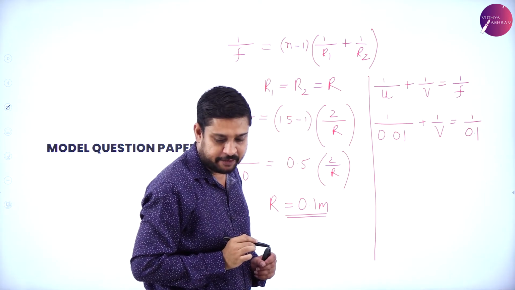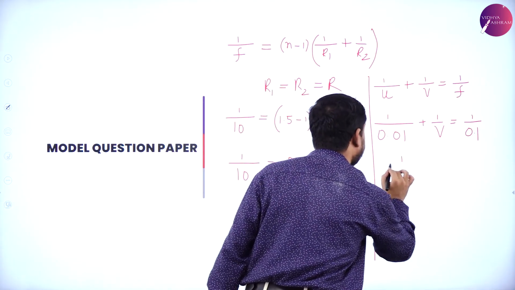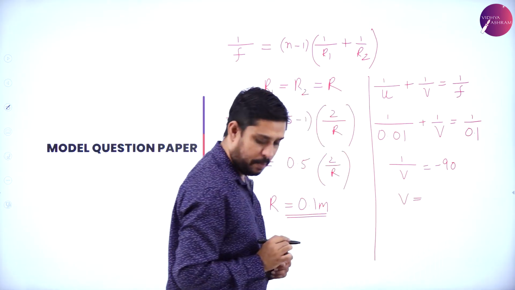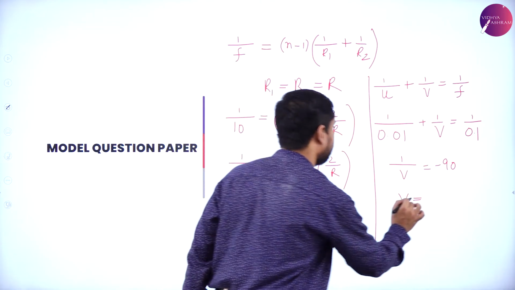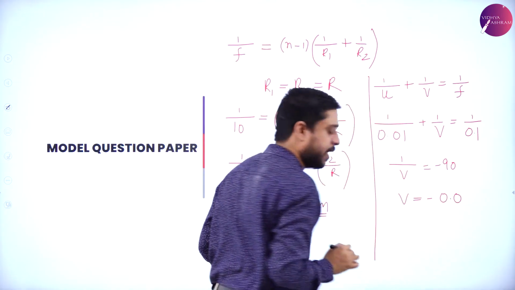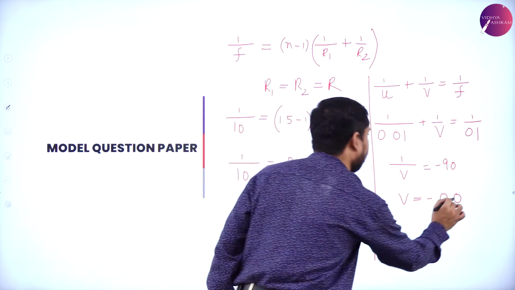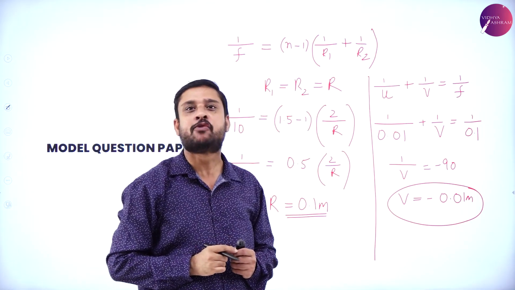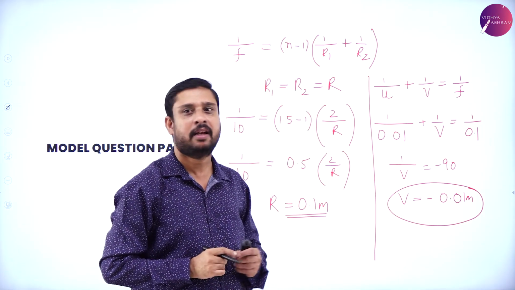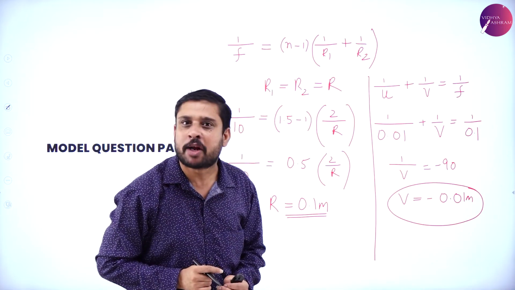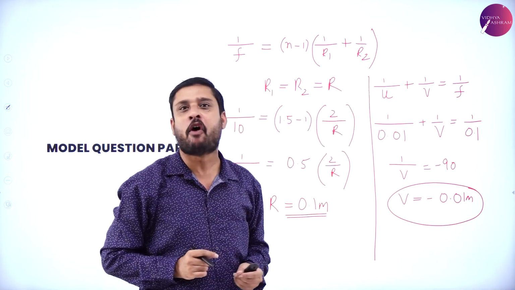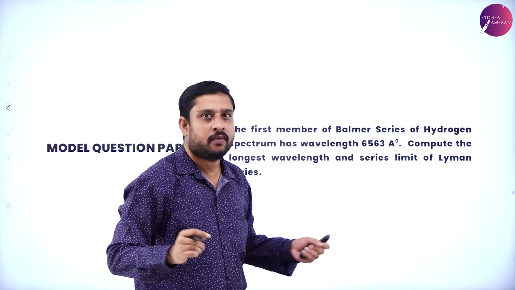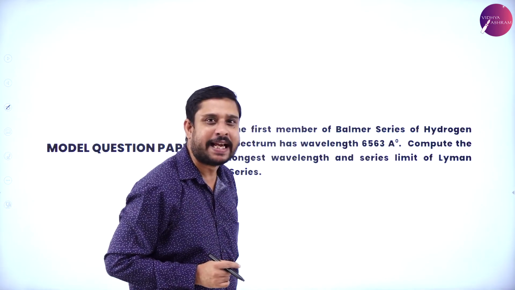So simplifying for v, 1 by v is minus 90, or v is minus 0.01 meter, which means very clearly the image formed is virtual. Just use Lensmaker's formula, use the mirror formula, arrive at the result, which we have done almost always.